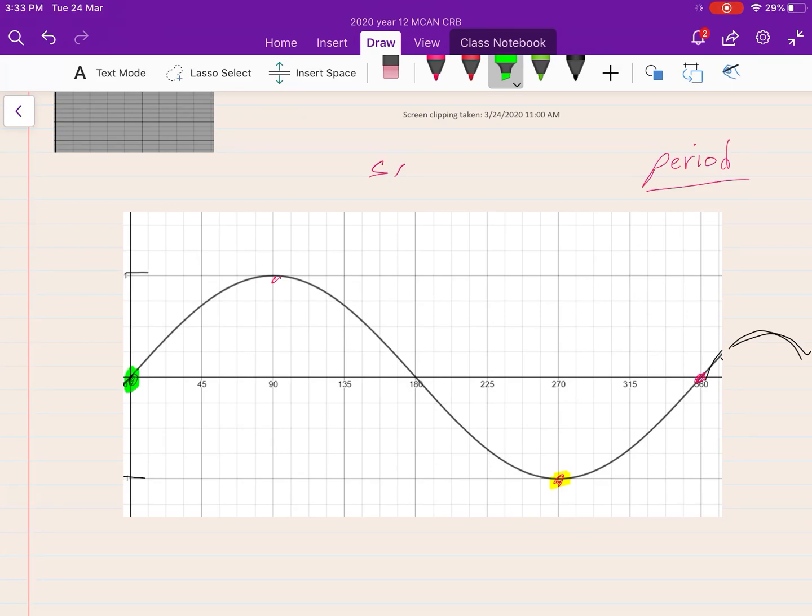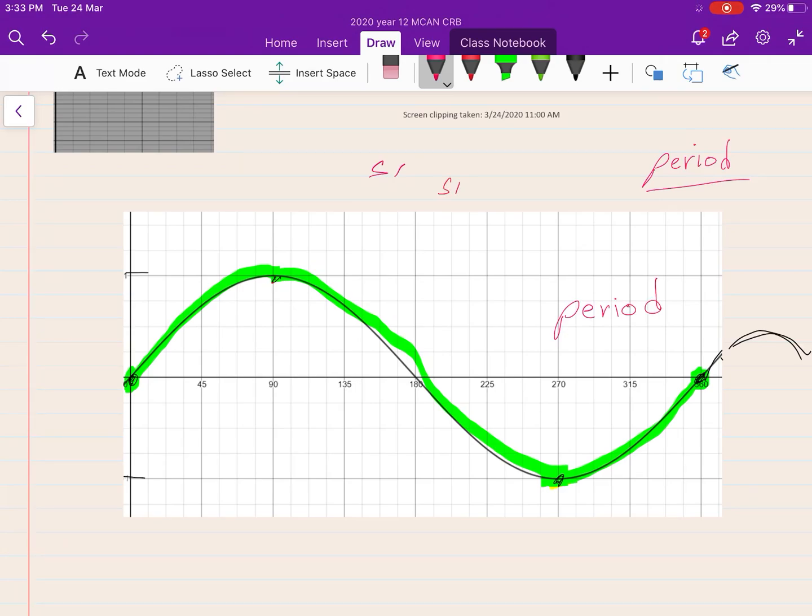So it starts at 0, it maxes at 90, it comes down through, it mins at 270, and then gets back to 0 at 360. That's a complete cycle. That is the period of the graph. The period of a parent function of sine x is 360 degrees. So that's one complete cycle.